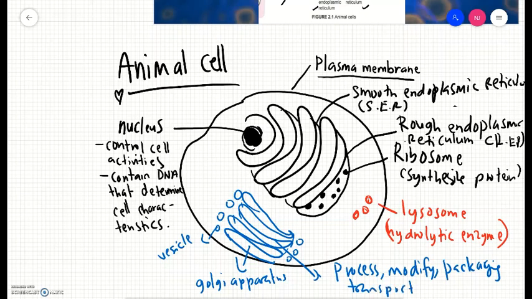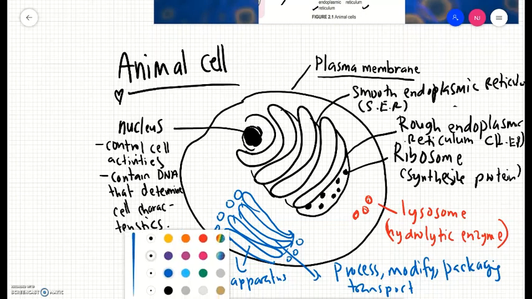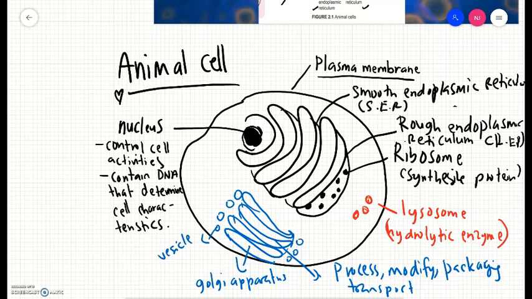Okay, so maksudnya di sini, if you can see the flow here, the nucleus gives the DNA, and then this is where the lipid and glycerol are synthesized, and then it goes to the ribosome where the protein or enzyme is synthesized.